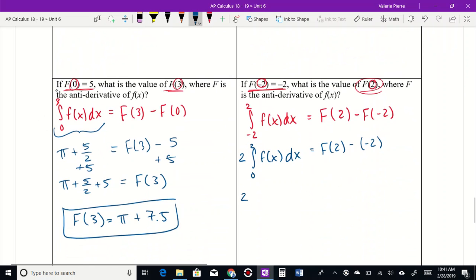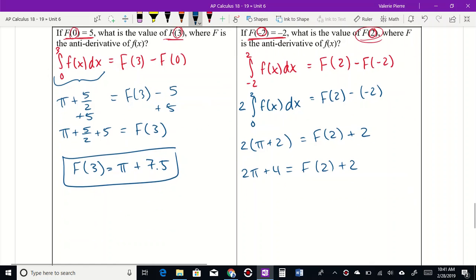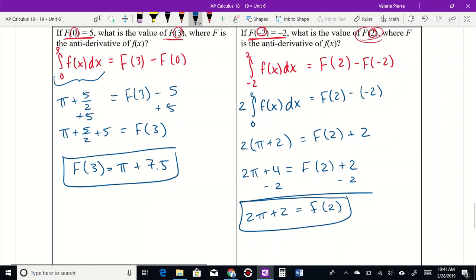So we know we're going to take 2 times pi plus 2, and that'll be equal to F of 2 plus 2. A negative and a negative makes a positive. So we have 2 pi plus 4. And when we do this out using algebra, subtract 2 from both sides, we get 2 pi plus 2 equals F of 2. Right, that's the end of the video.